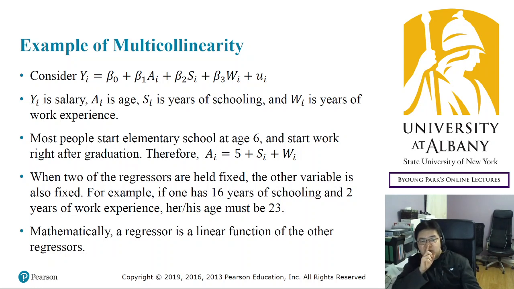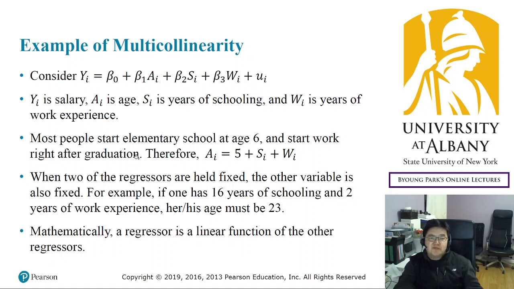But the problem here is, think about the reality. Most people start elementary school, most people become a first grader at age 6. And they find a job right after graduation, and they accumulate their experience right after graduating from school.